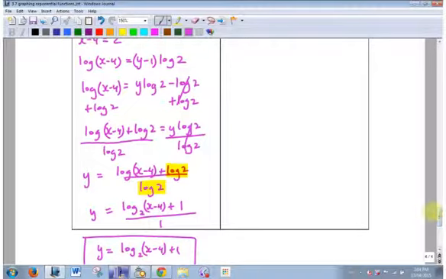So last thing I want to point out is, you don't have to wait to get down there. What happens if I did that up here? If I took the log base 2 of both sides? I would have log base 2 of x minus 4 equals y minus 1. What's log base 2 of 2? Yeah.